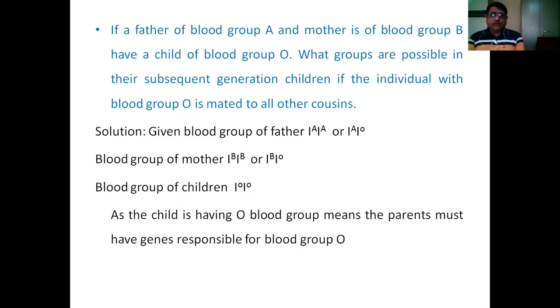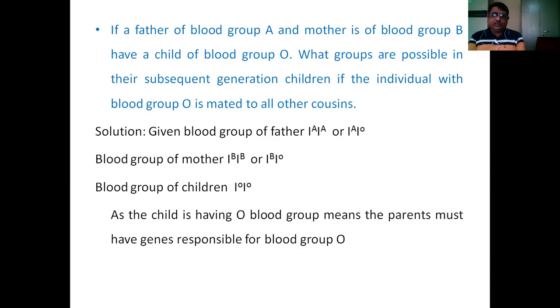Now here the phenotypes of the parents are A and B, but the phenotype of the child will be O. So one parent will have genotype IA, small i, while the other parent will have IB, small i. Then the child will be of blood group O.